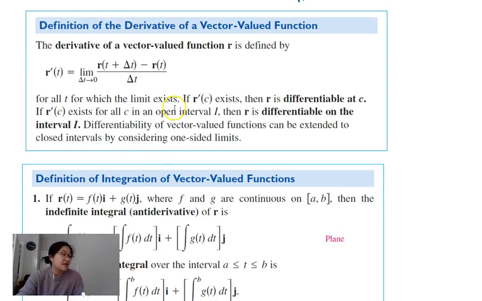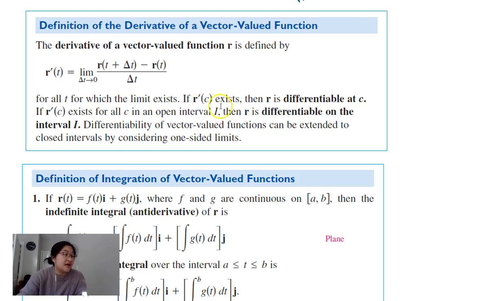Derivatives do work how we think they will. When we're looking at a derivative of our vector valued function, we get out a vector because you have 2 different directions that you're dealing with. And that's going to work whenever your t allows the derivative to exist.